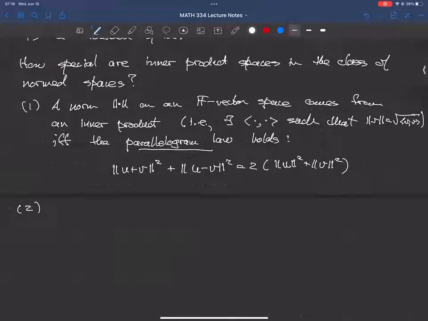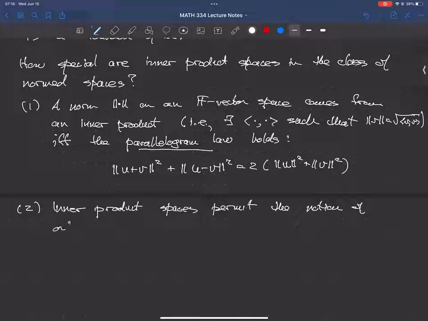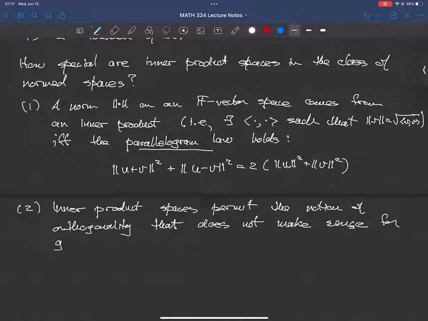Okay, so inner product spaces permit the notion of orthogonality that does not make sense for general norms.